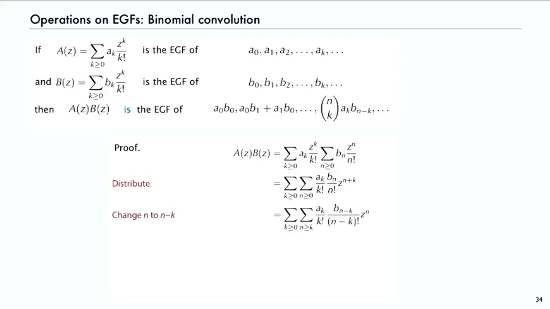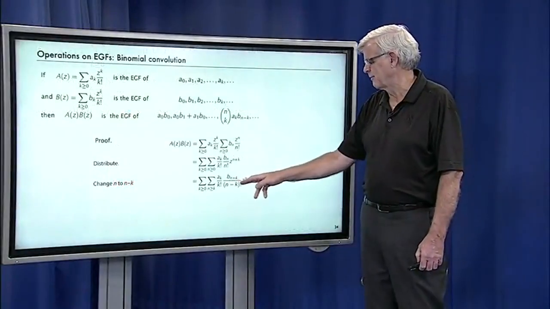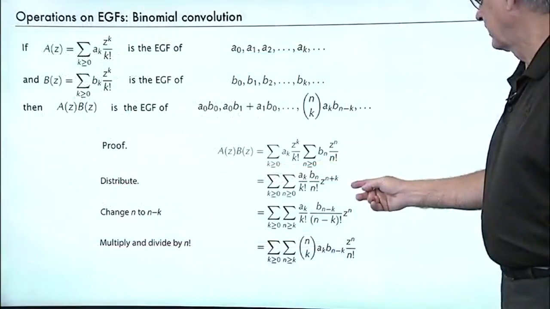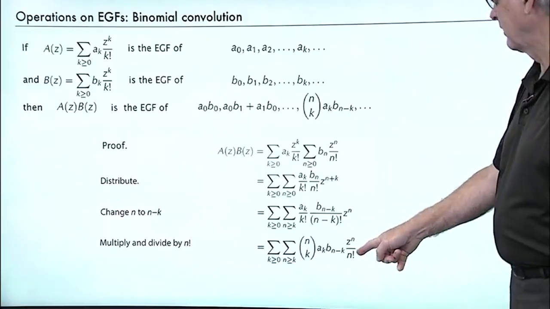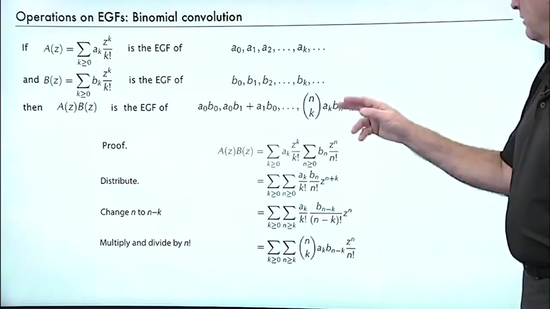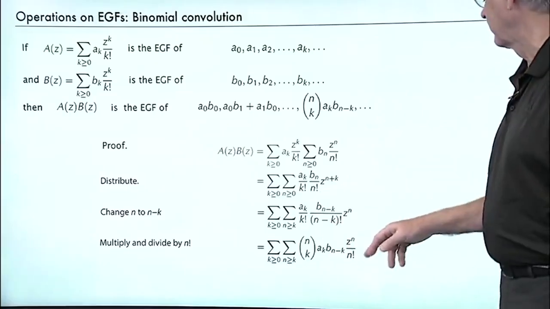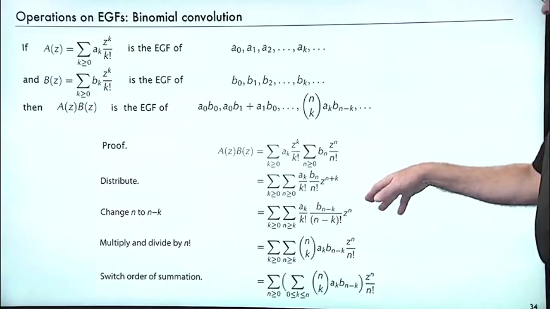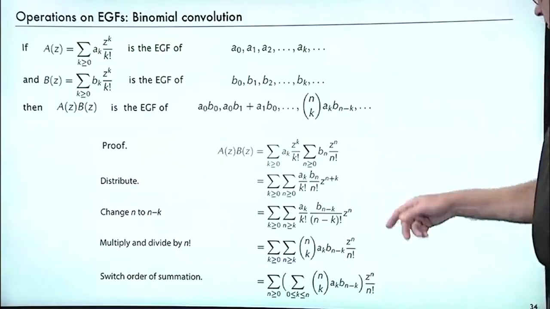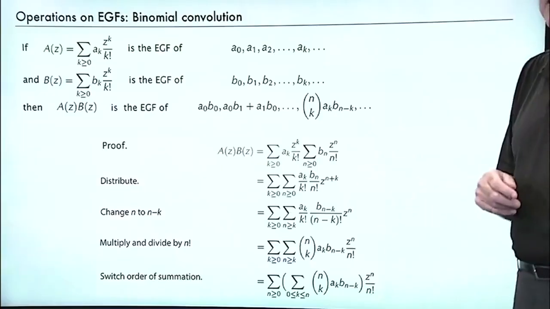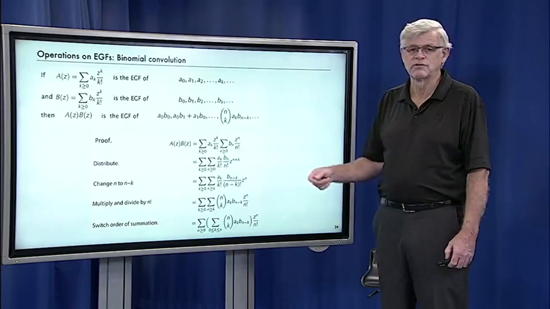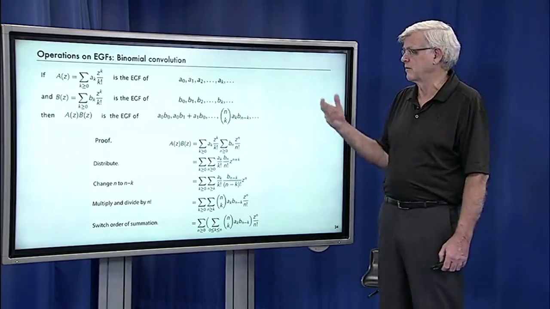So distribute, and now when we change n to n minus k, we've got a k factorial and n minus k factorial. But then we need an n factorial in the denominator anyway, so we multiply and divide by n factorial, and now, after we switch orders, we get an exponential generating function for this convolved sequence, the binomial convolution. And actually there's plenty of applications where these kinds of sequences arise, and we'll see them very soon.